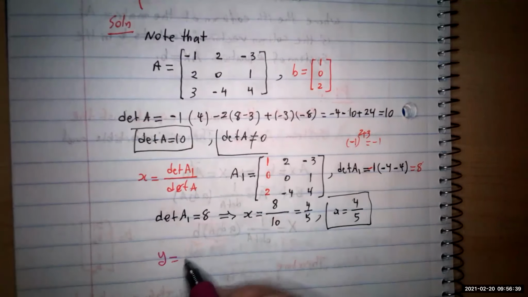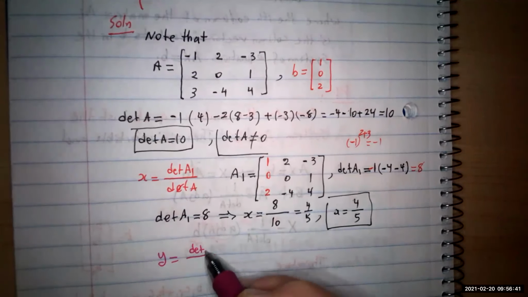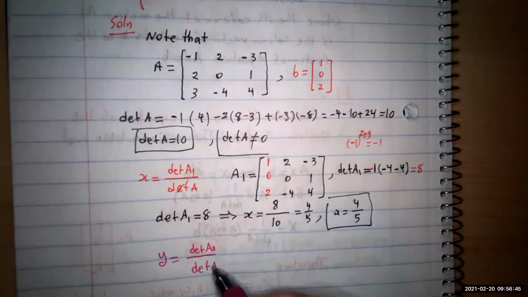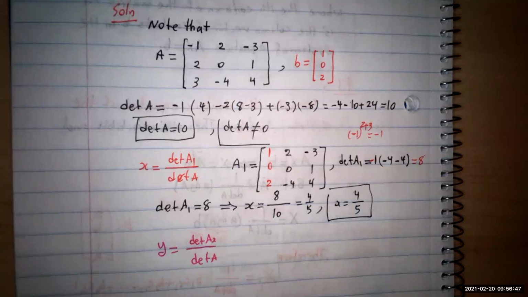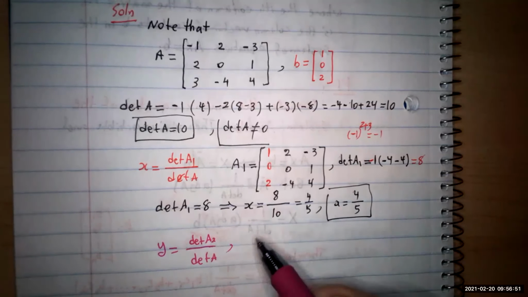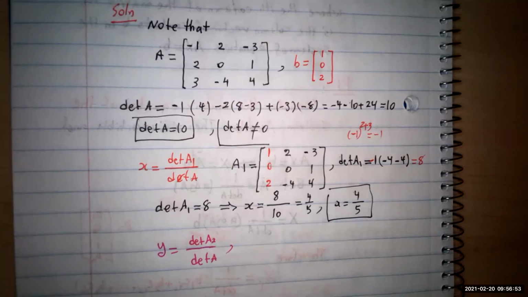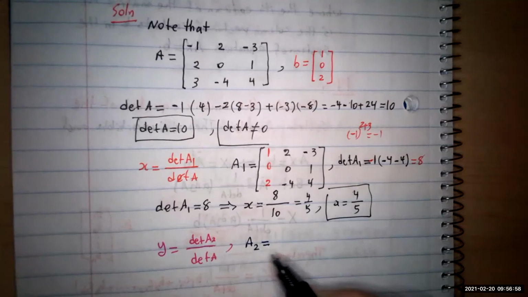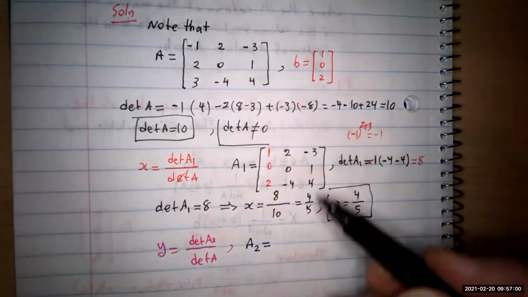So we continue. y is equal to the determinant of the A2 over the determinant of the A. So we have to form the matrix A2. For the A2, the first column is going to be unchanged.